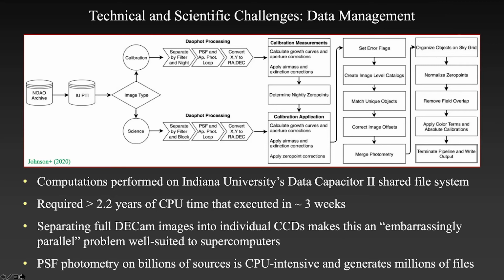You can see this is the pipeline that Christian developed. The main thing is that you process each of these with PSF fitting, but then you have to determine zero points on a nightly basis and apply extinction and air mass corrections and all of these zero point corrections. I'm sure the project has talked about this extensively. That's why there's a monitor telescope.